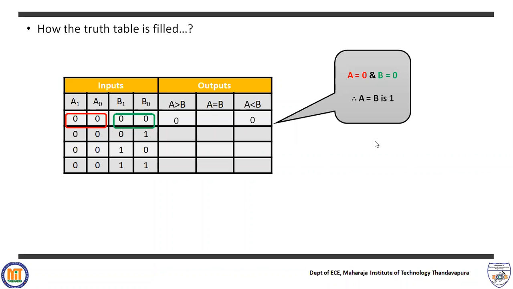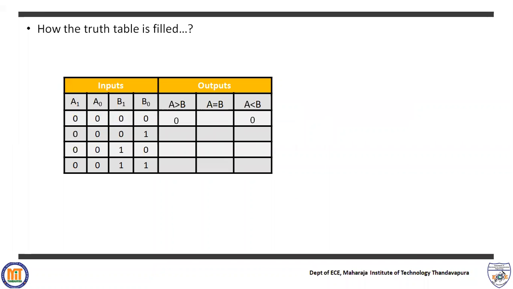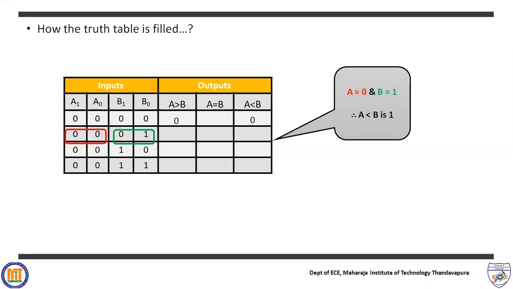So any doubt in this? No, sir. Okay, so we'll consider the next situation. I've kept the A input at 0 0 itself and I'm changing the value of B. Now if I consider the magnitude of A and B, the value of A is 0 and the value of B is 1.